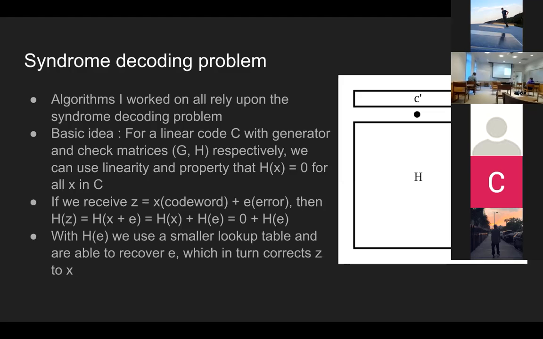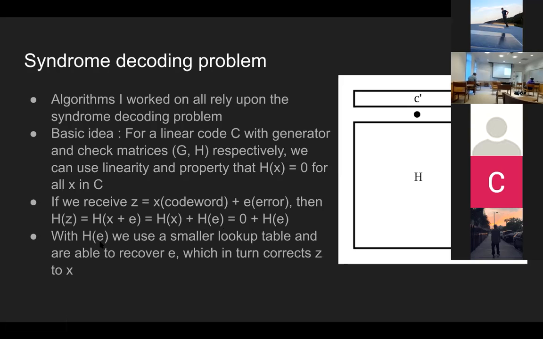So if you receive any code word Z with an error, you can use the linearity of it: when you multiply H times Z, it'll be equal to H times X plus H times E, E being the error pattern. And then H times X, like I said earlier, is 0. So this is just equal to H times E.